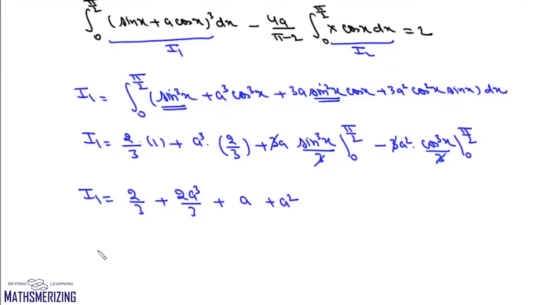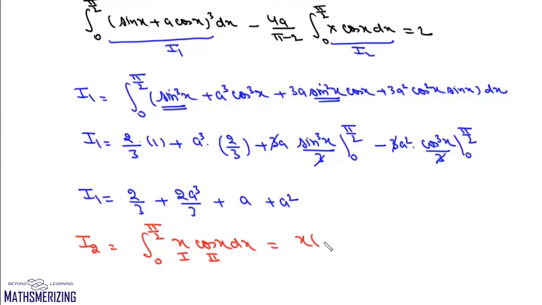Now we'll find the value of I2. I2 is this integral from 0 to pi by 2 x cos x dx. Now this is your first function and that's your second function.